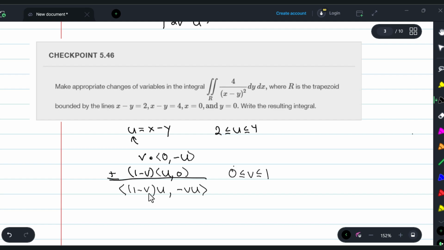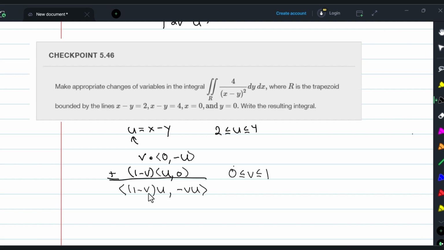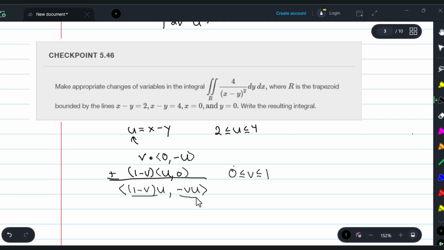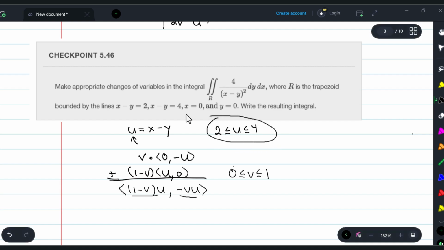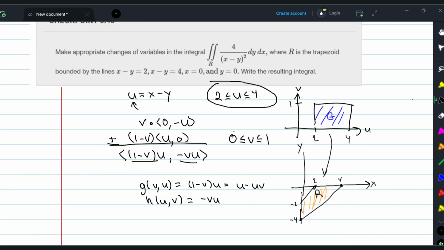What you get is the component vector form of the equations that describes any particular point in the x-coordinate and the y-coordinate, where your u can be between 2 and 4, which we got from the two parallel lines, and your v can be between 0 and 1, which we got by that rescaling of these sums of vector endpoints of those lines, those intercepts.